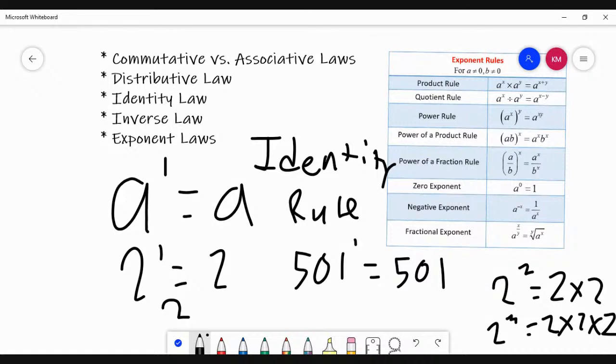Any questions before we move on to the next exponent rule? All right.